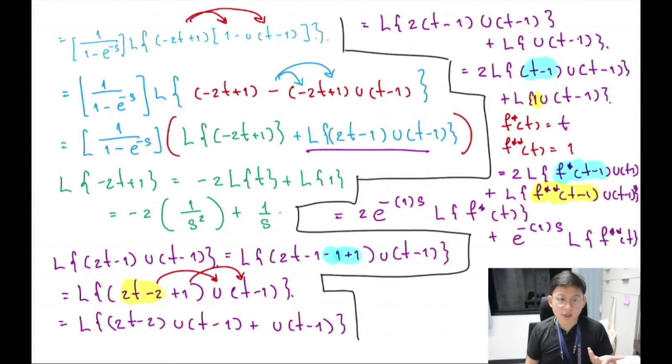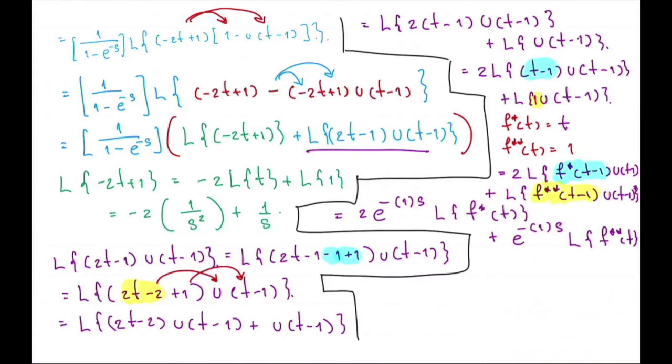Okay, it's the same trick. It's the one that we just used in the previous question. And for the first one, we would have 2 e to the minus s Laplace transform of f star, which is t, plus e to the minus s Laplace transform of f double star, which is 1. So we have 2 e to the minus s.